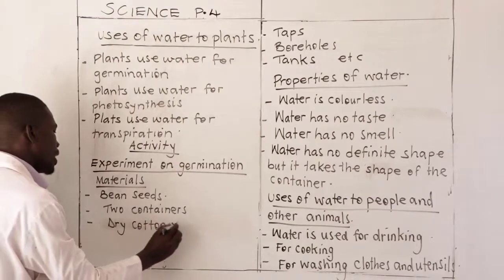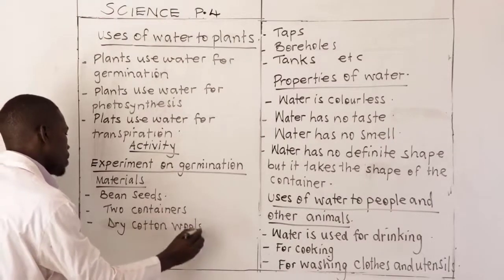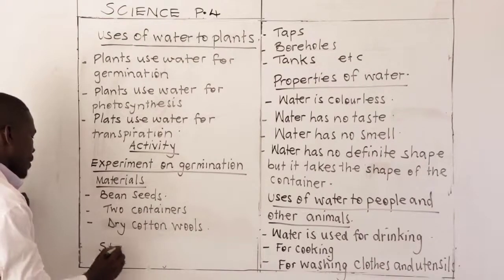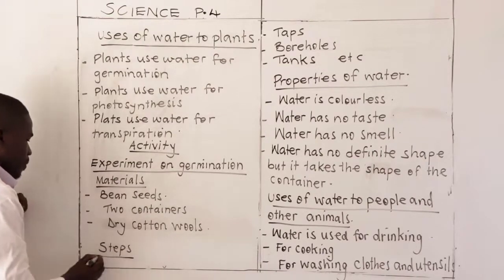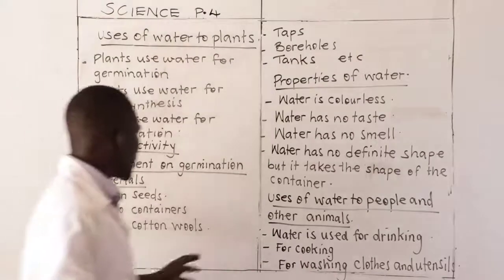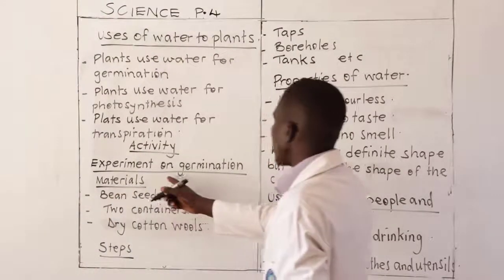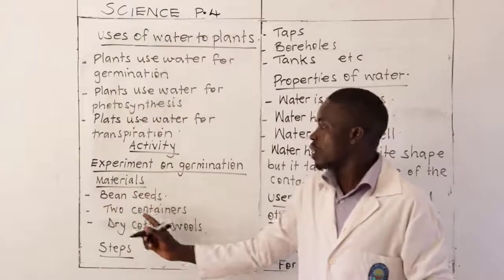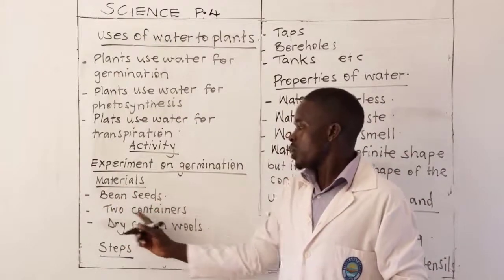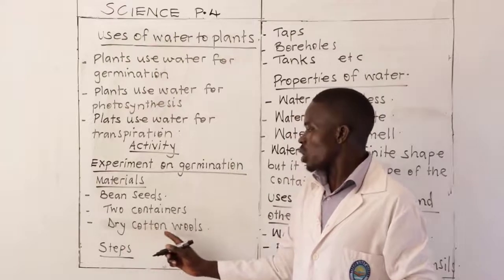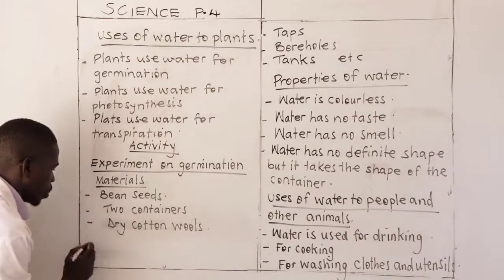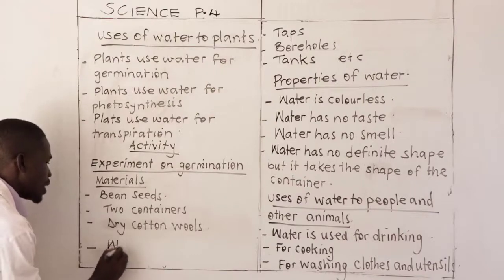Then we look at the steps. Which materials do we need? We need bean seeds, two containers, dry cotton wool, and water. Oh, I've forgotten, and water.